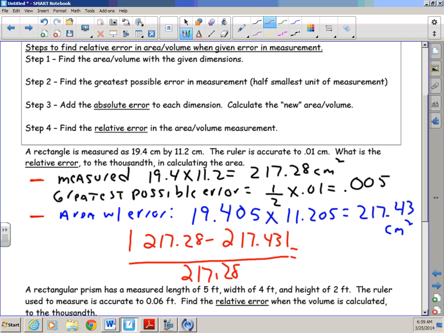Let me just double check here because the rounding is, the numbers are pretty small. Just bear with me for a second. So I'm just grabbing a calculator to check.